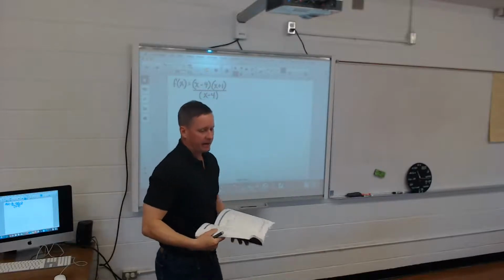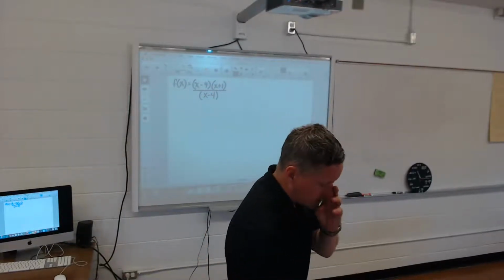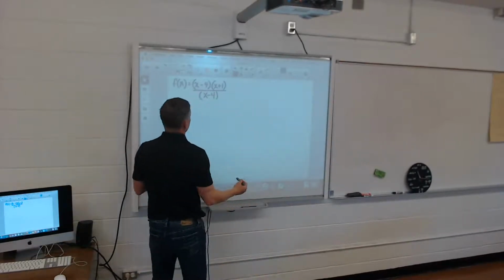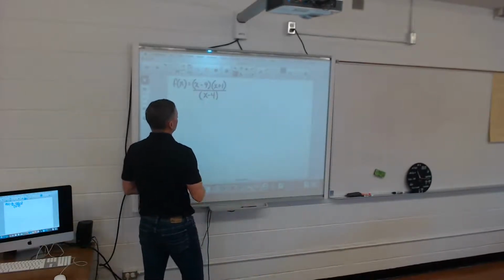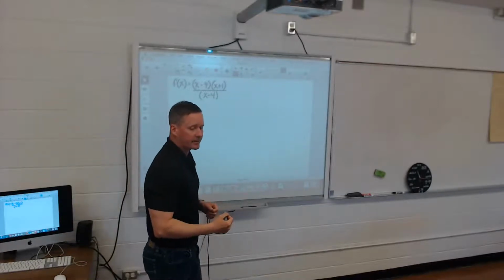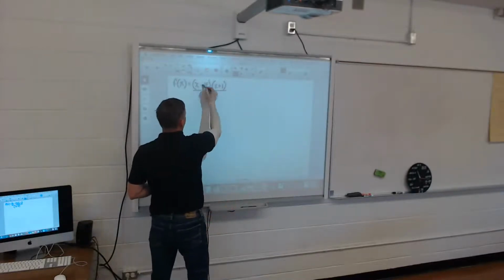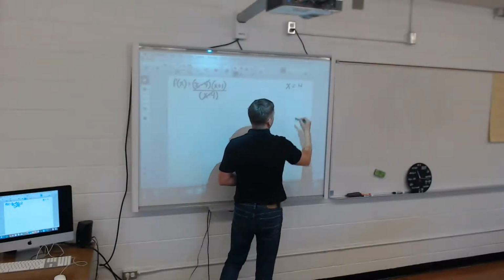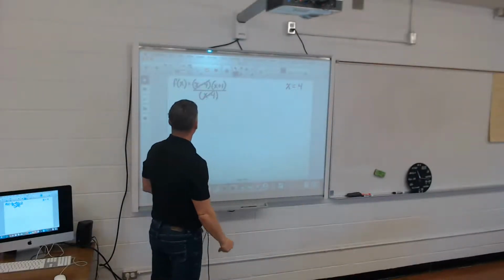So you're looking at a fairly complicated question in order to graph it, right? And so what I'm going to do then is I look at it and I say, okay, well, I have a factor on the top and a factor on the bottom that's the same. So we cancel those out. My point of discontinuity is going to be at x equaling 4.